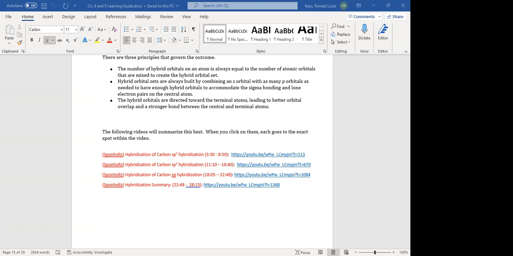How many equivalent orbitals are we going to get this time? 2. Now watch this. If we get 2 equivalent orbitals, that leaves how many unhybridized p's? 2.